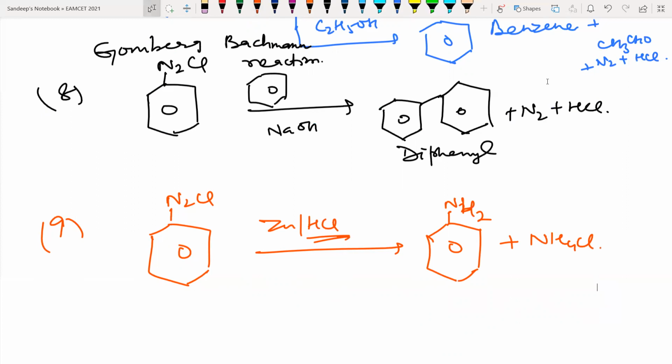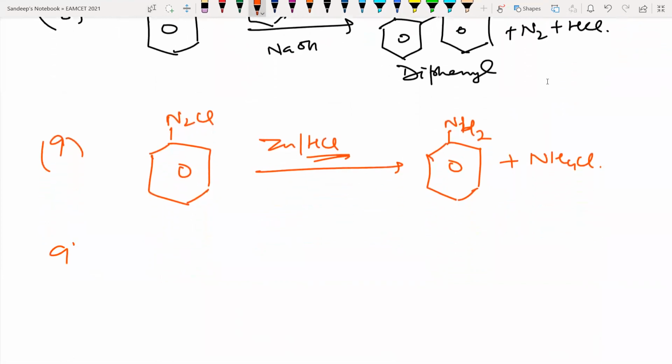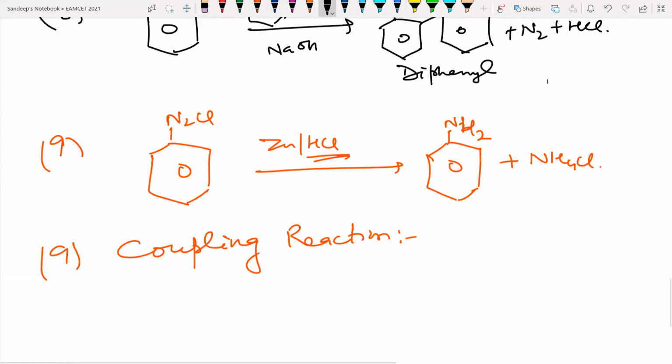Now, next important reaction is coupling reaction. Coupling reaction results in the formation of dyes. So here what happens? Benzene diazonium chloride reacts with phenol.